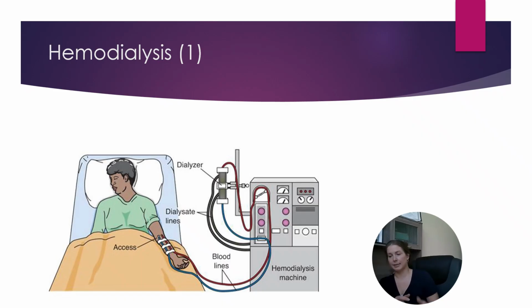So hemodialysis is typically done 3 times a week. It can be for about 3 to 5 hours a day. Your physician will put in orders on what your dialysate solution should be. They'll put in, goal to take off, 2 kilos, or liters, sorry.